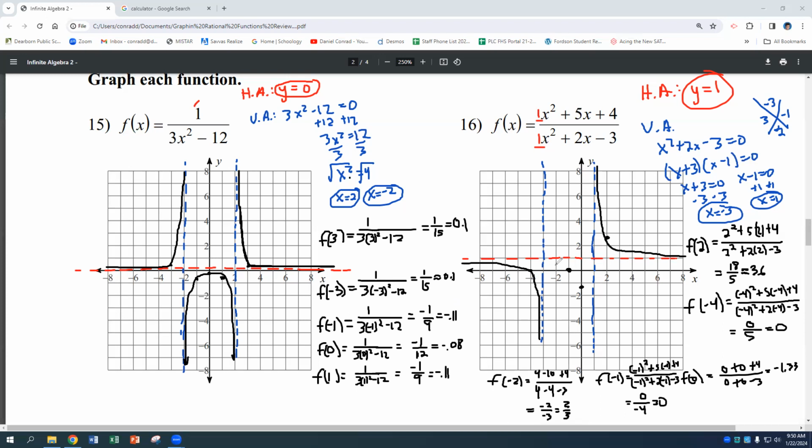So at -2, 2/3, that's going to be up here. So it looks like we're going to have one that just keeps going up. Okay, and that is our review.